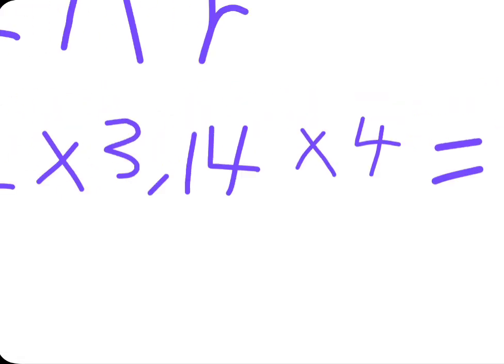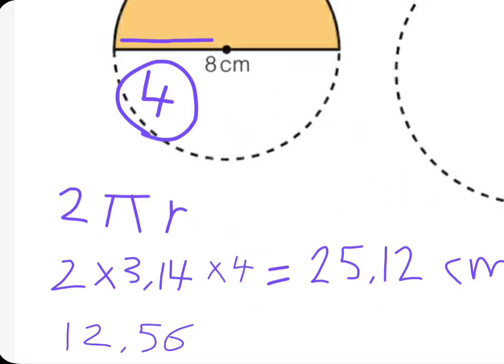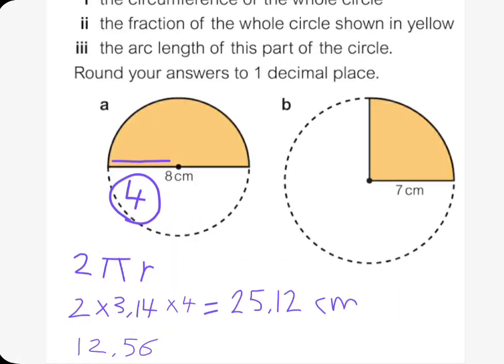Let's write it here. 12.56 is the length from here till here, which is the arc outside. The arc length of the part of the circle is 12.56. We divided this on 2 because it's half a circle. But in this circle, we're going to divide it on 4. Very good. Because it's quarter of a circle.